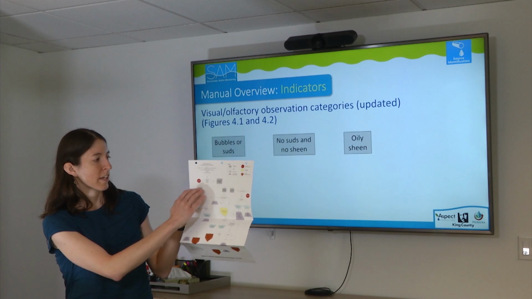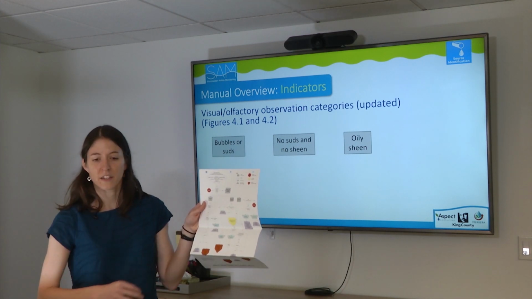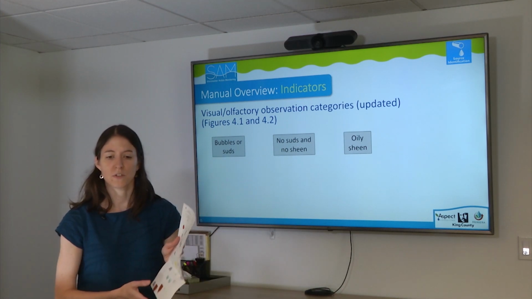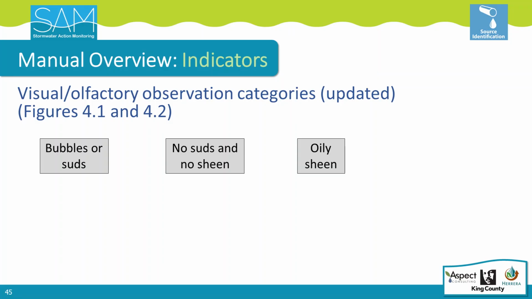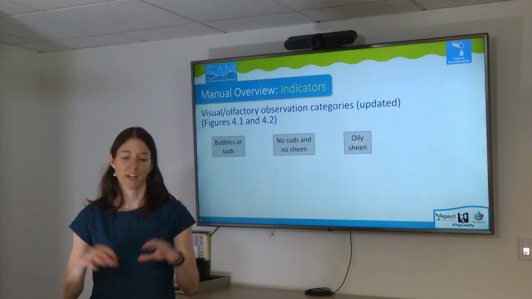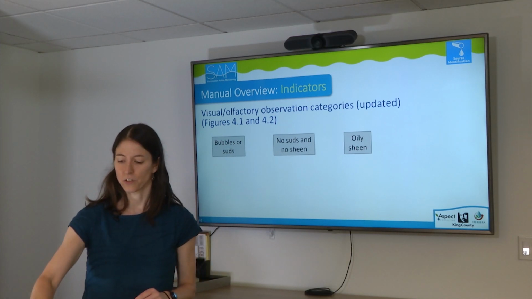So the next set of categories here, if you're noticing that there are some issues or there aren't some issues, you've got these different observation categories. These have been updated in the 2020 manual, and generally they're lumped into 3 categories, which include bubbles or suds, no suds and no sheen, or oily sheen. Those would be your main categories that you take and then walk through the rest of the flow chart after that.